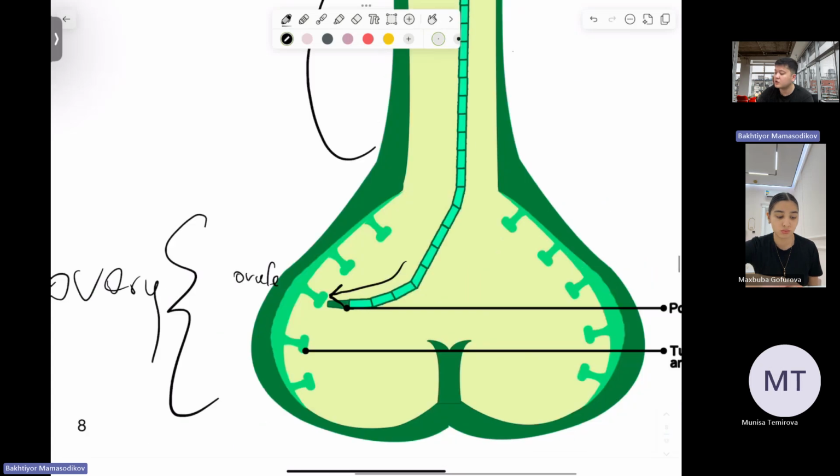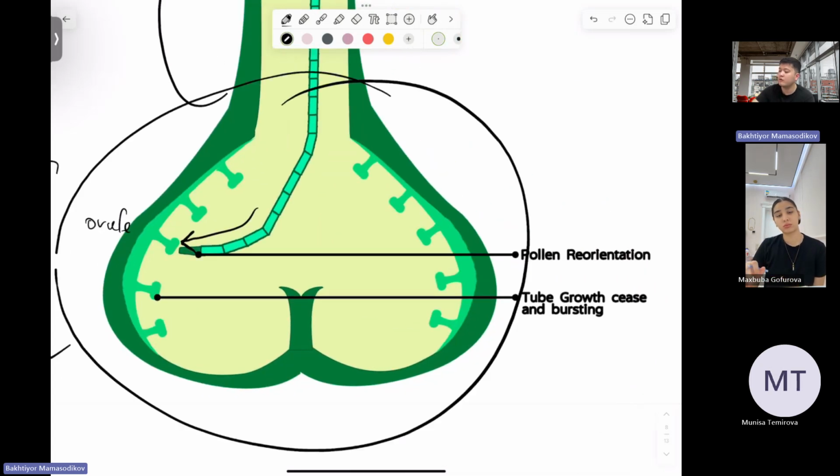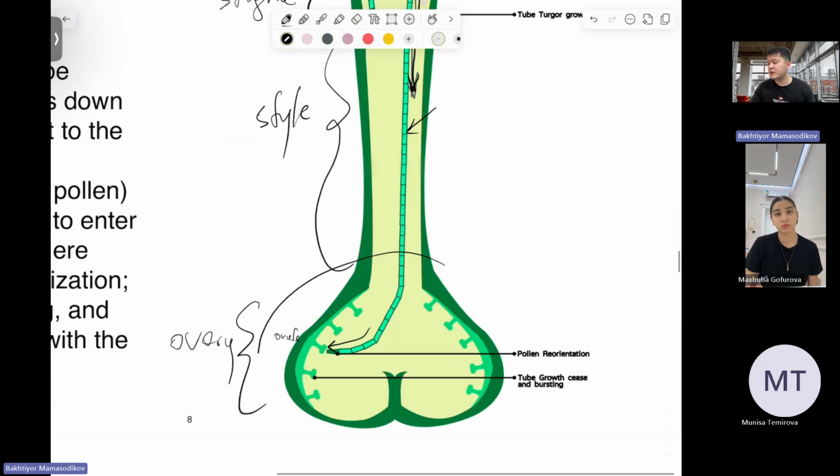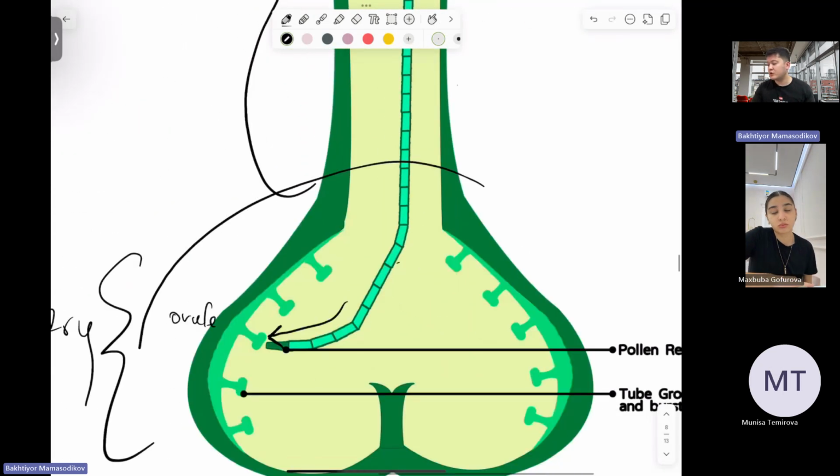This big structure is called the ovary, but the smaller structures inside are called the ovules. They will reach one of the ovules, and two sperm cells are going to come here in order to fertilize this ovule.